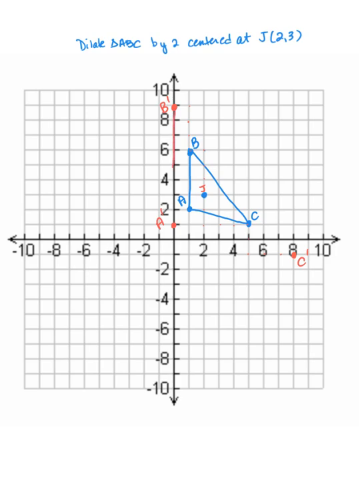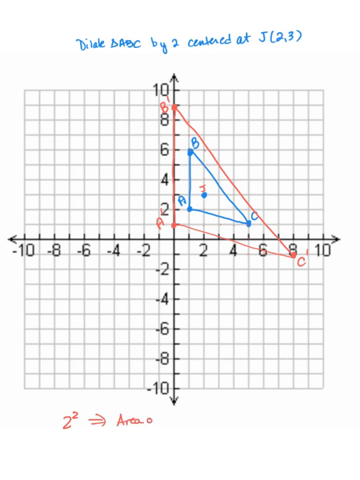You can see that the area is definitely more than double. The area will be quadruple, and the perimeter would be double. Whatever the scale factor is, you square that scale factor to get the scale factor for area.